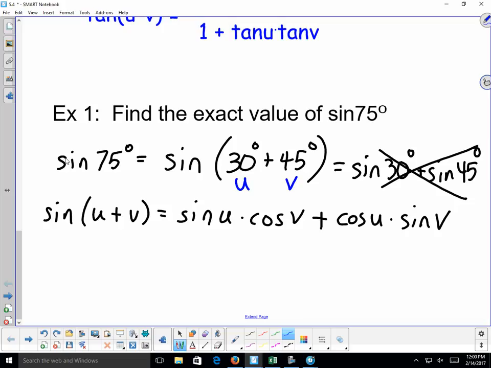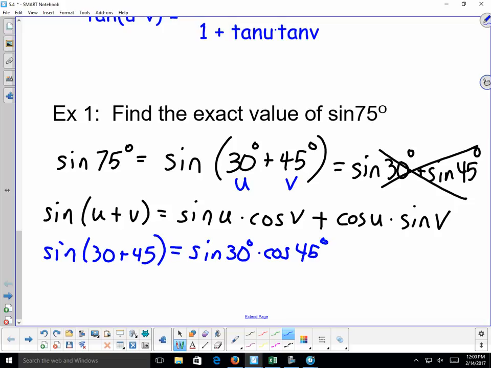Okay? So in this case, what are we going to plug in for what? What are we trying to find? Trying to find 75. So tell me what to plug in here. Sine of 30 times cosine of 45, plus cosine of 30 times sine of 45.